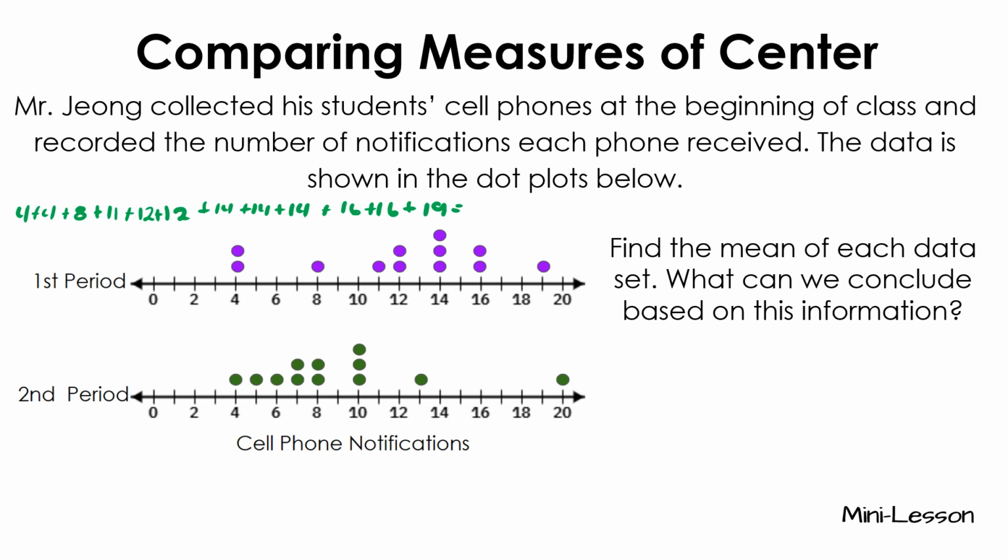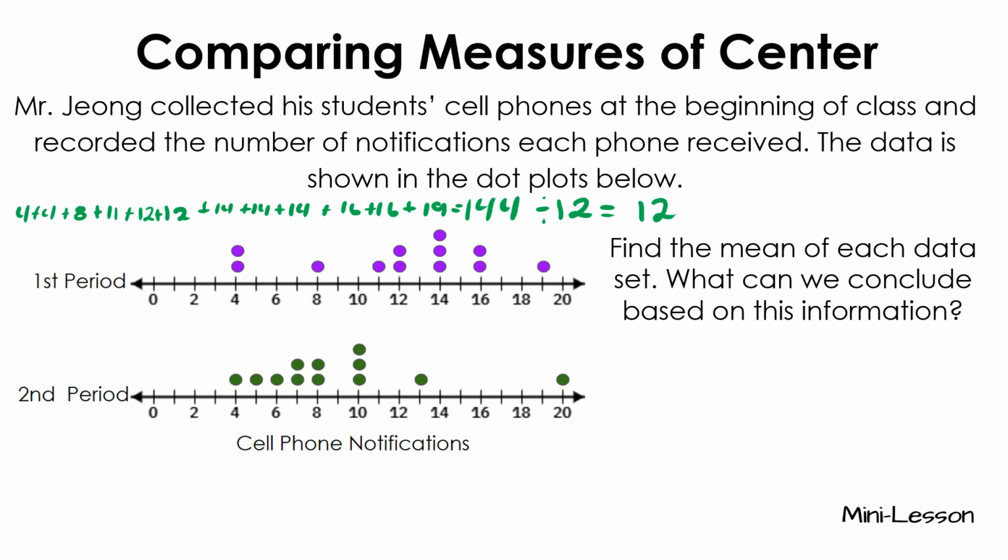Equals 144. And then we divide that by the number of data points: 1, 2, 3, 4, 5, 6, 7, 8, 9, 10, 11, 12. Divided by 12. The mean is 12. Okay, so now we're going to work with the second period.